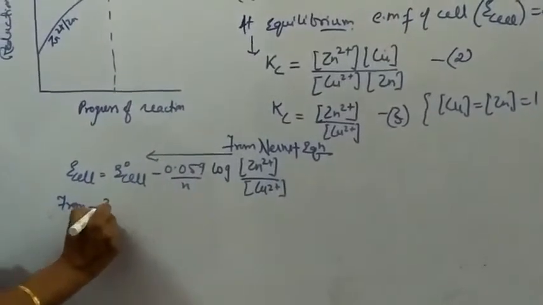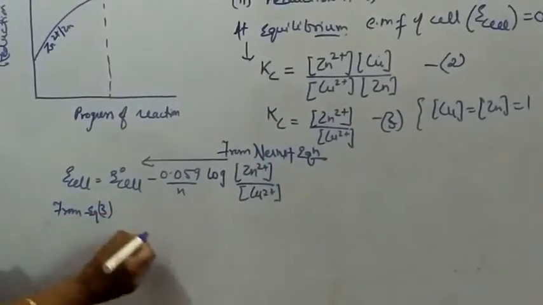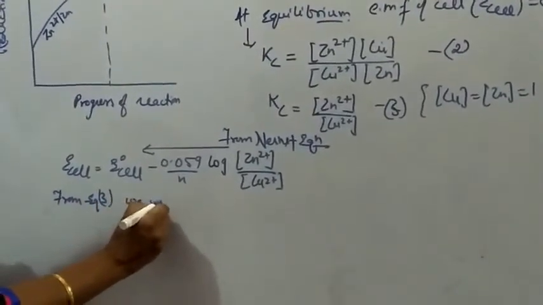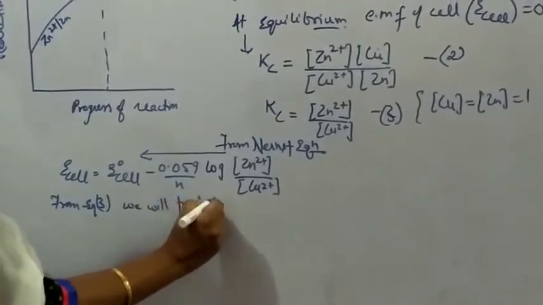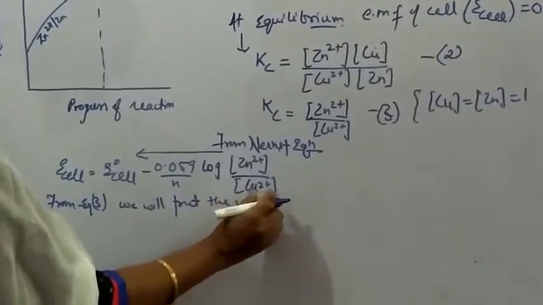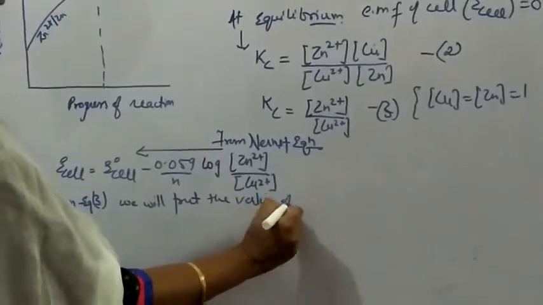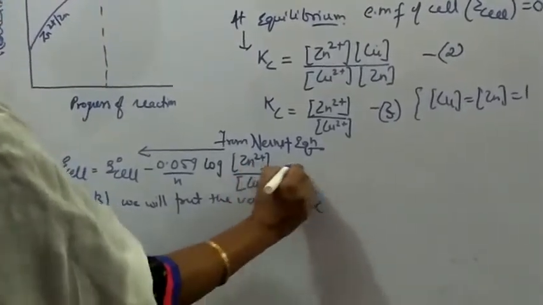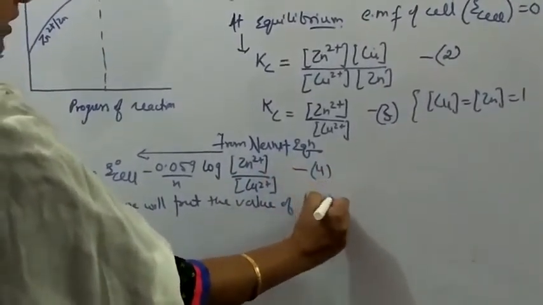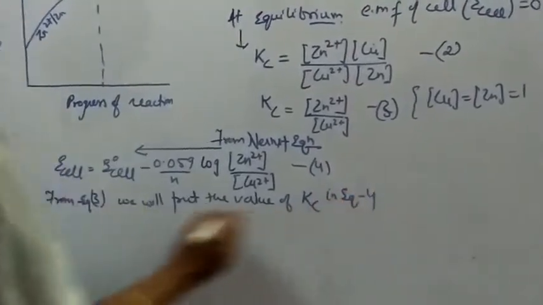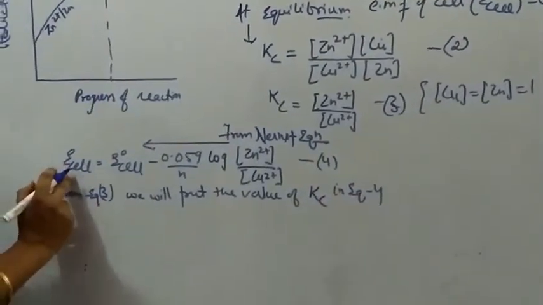Now from equation 3, we will put the value of Kc in this equation 4. So what will we get here, and what is the value of E cell which we have stated? E cell equals 0.